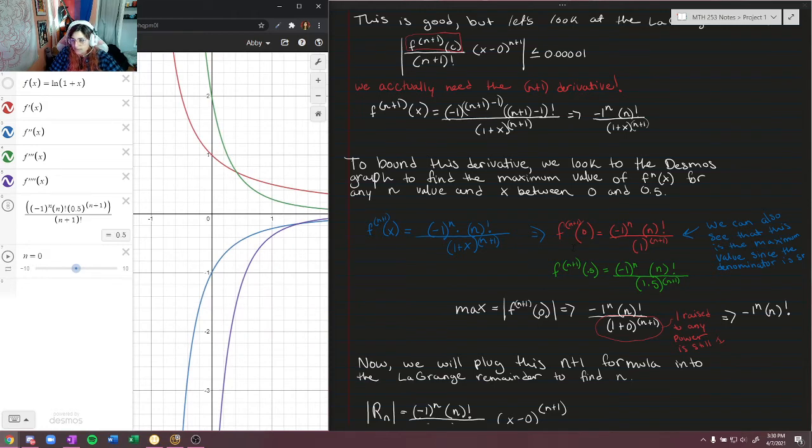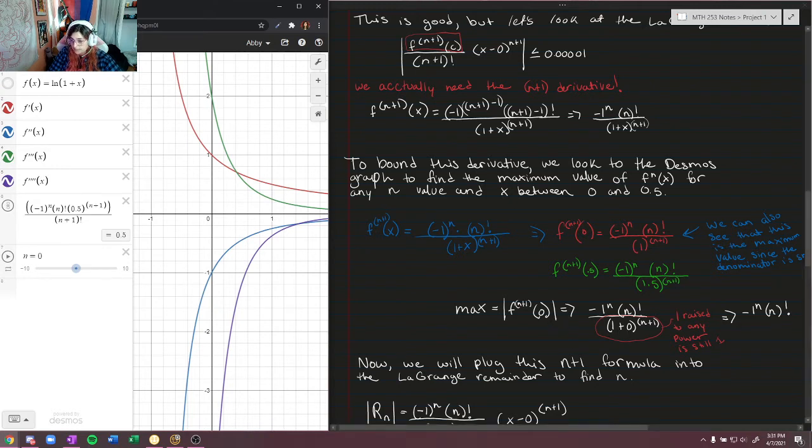We can also see that if we do it here on paper, we can plug 0 in for both of these. On the bottom here, we'd have 1 plus 0, so we have a smaller number on this denominator than this 1 plus 0.5. When we're dividing by a smaller number, we're going to get a larger number. So that means that our maximum value for our n plus 1 derivative has to be at 0, so we can plug 0 into our equation.